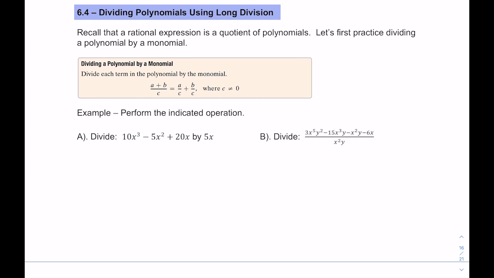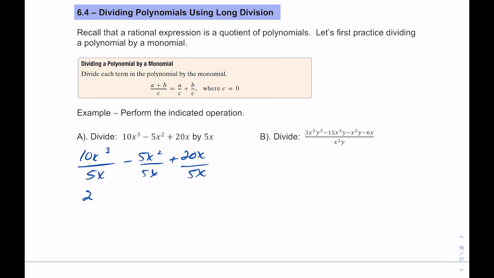In this first example, I have this polynomial, a trinomial, divided by a monomial. 5x is just one term. So I'm just going to take each of the terms and divide them by 5x. Now I'm going to divide my coefficients. 10 divided by 5 gives me 2.